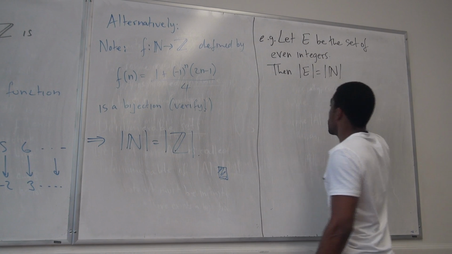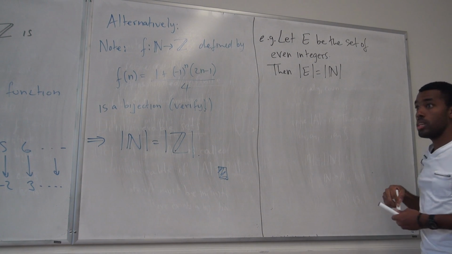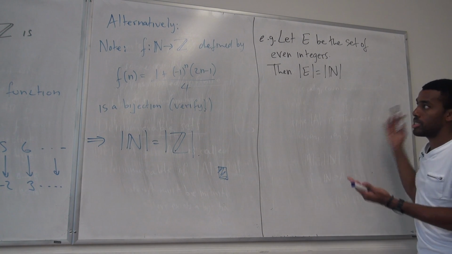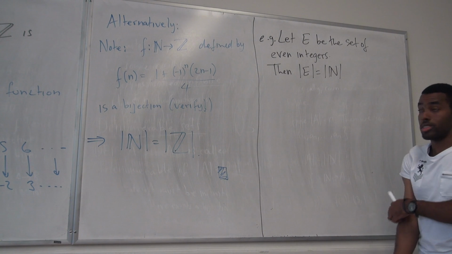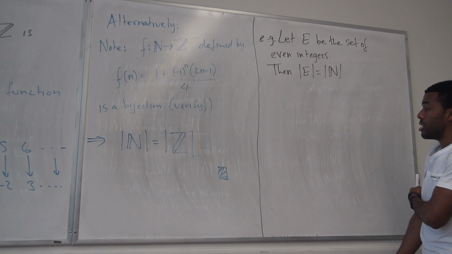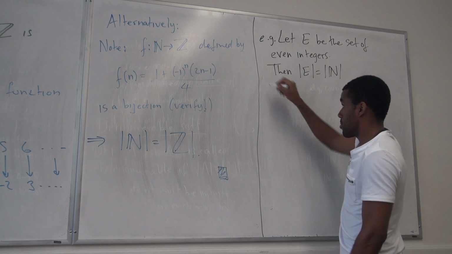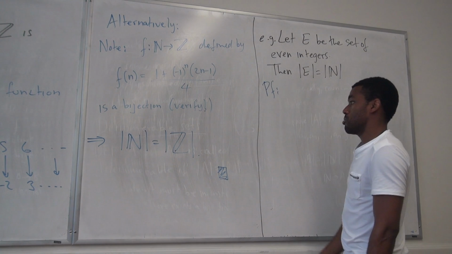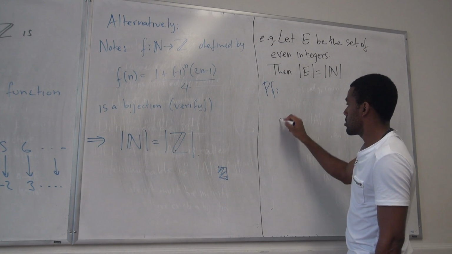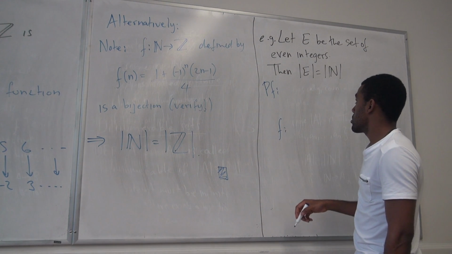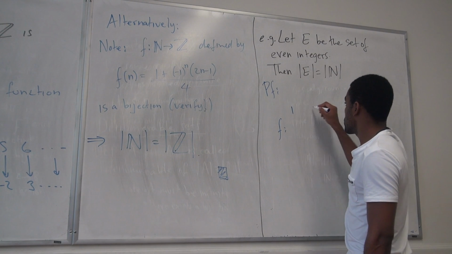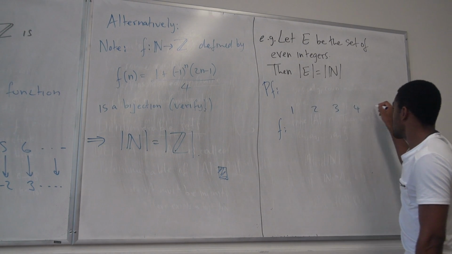So if I go in the integers and I only pick out the even ones, it turns out that that's the same size as all the integers. It's also the same size as N. How would I prove that? Well, the definition we've been using is a bijective set between the natural numbers.